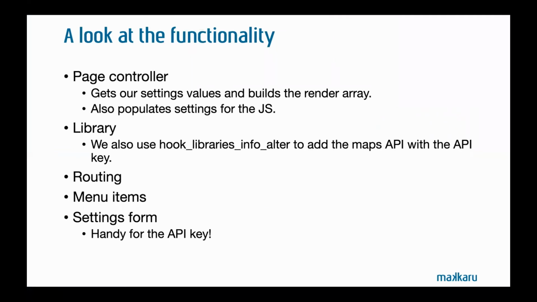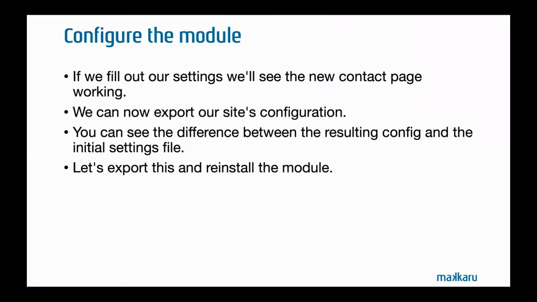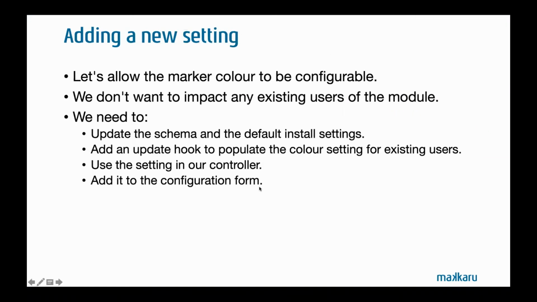So there's our configuration that we've just done there. What happens if we want to add a new setting, a new bit of configuration? The marker color is an obvious one. Let's allow that to be configurable. Obviously, you don't want to impact existing users, and that includes yourself with your live site.